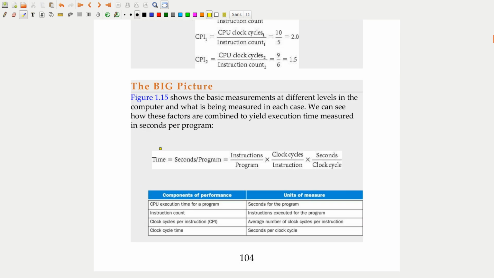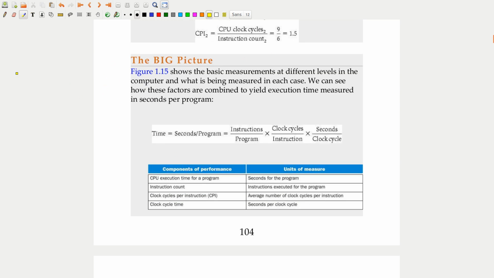Okay. So the big picture here, this is what we're mainly concerned with. This shows a basic measurement at different levels in the computer and what is being measured in each case. We can see how these factors are combined to yield execution time measured in seconds per program. So time is just seconds per program, so this is just execution time.